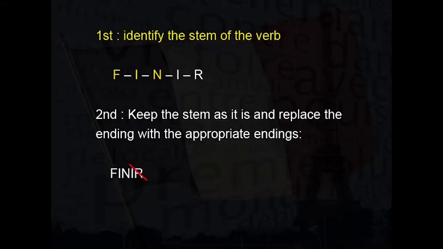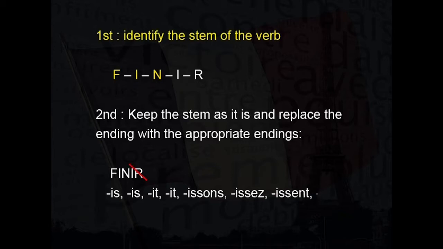Once the stem has been identified, we can proceed with the conjugation. So we keep the stem as it is and simply remove the infinitive ending, which is IR, and replace it with the appropriate endings: IS, IS, IT, IT, ISSONS, ISSEZ, ISSENT, and ISSENT.